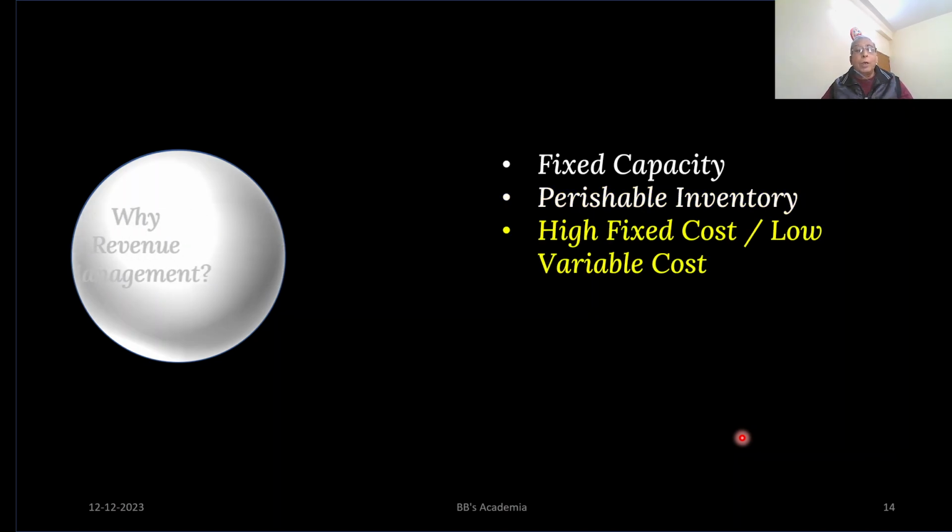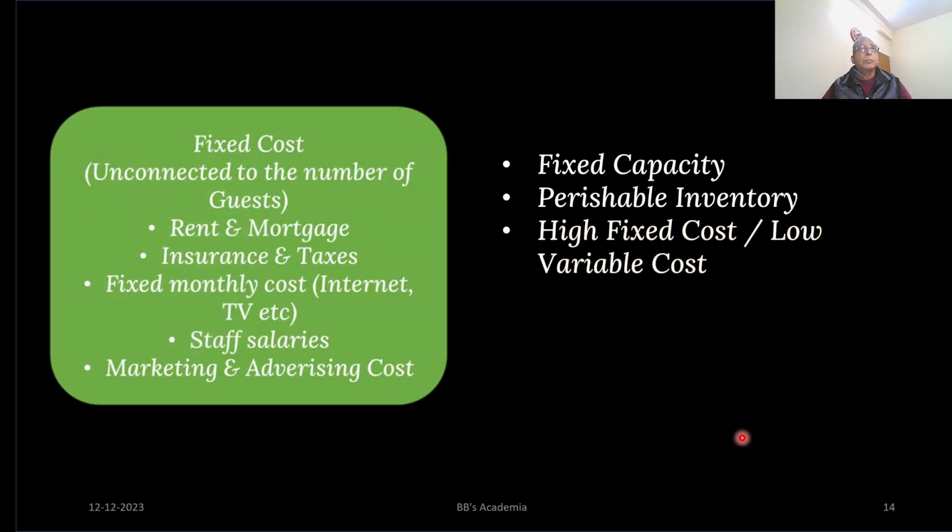High fixed cost and low variable cost. What is high fixed cost? It is not connected with the number of guests. Why? Because of the rent and mortgage. The building you have taken may be on rent, or even if it is your own building, there may be a mortgage with the bank.